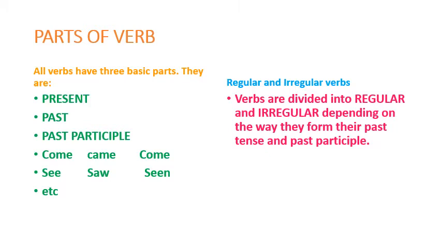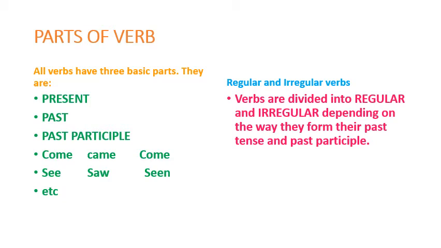Parts of verbs. All verbs have three basic parts. They are present, past, past participle. You know there is a list of the parts of verbs. Two examples are given here, like come in the present form.